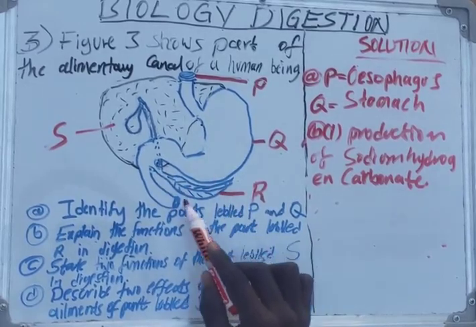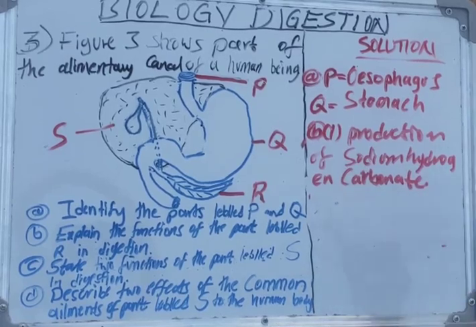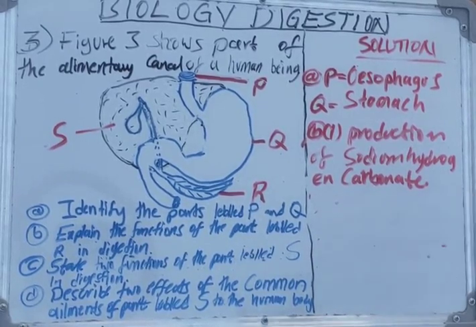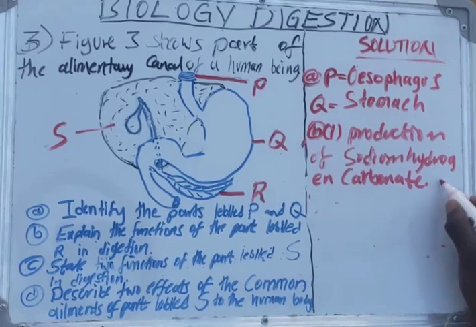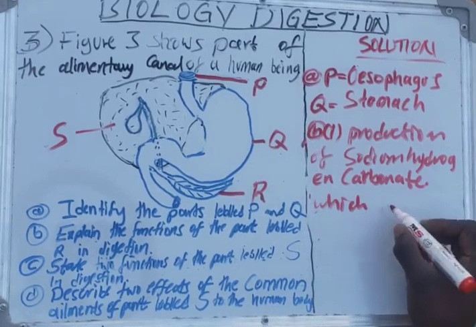So this same pancreas produces sodium hydrogen carbonate, which neutralizes the acidic chyme.